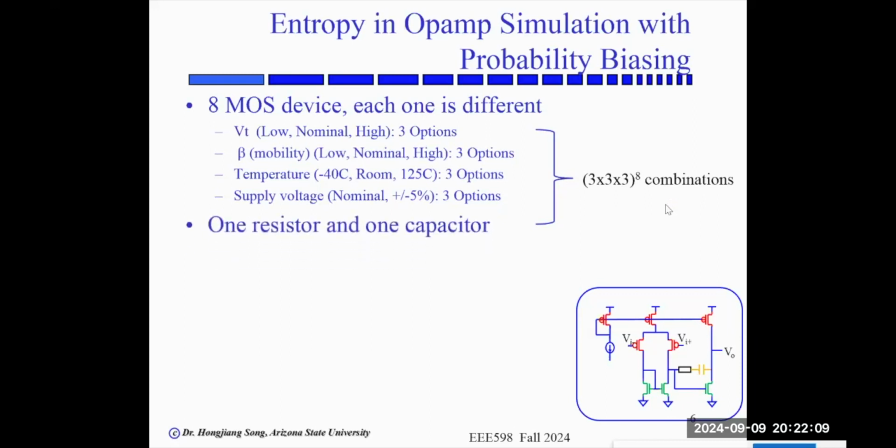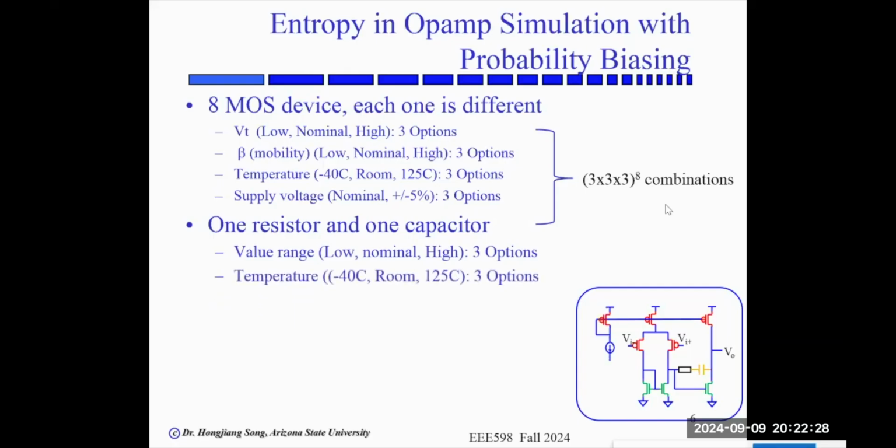And also this circuitry has one resistor and one capacitor. So in order to cover them, we can do the same thing. That means 3 sigma or 3 to 5 sigma, low and high and middle. So that means we're going to have 3 options for both capacitor and resistor. And also we have temperature. In this case, if you combine all of those, we'll have totally 3 times 3 to the power of 2.